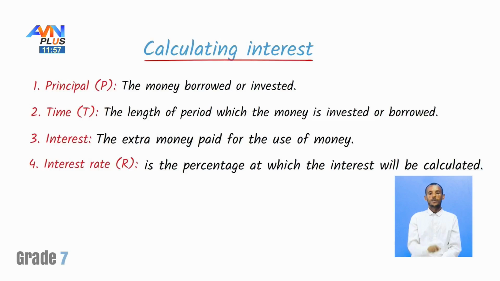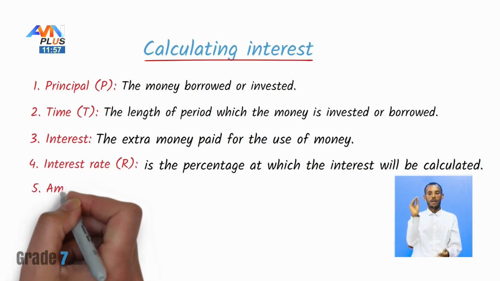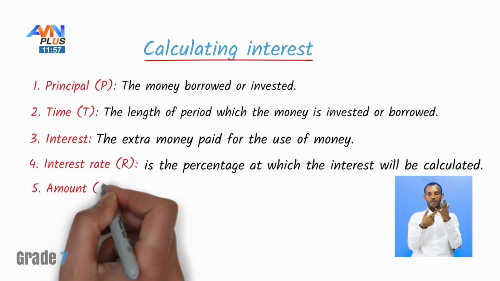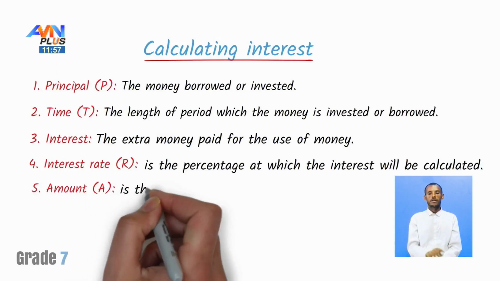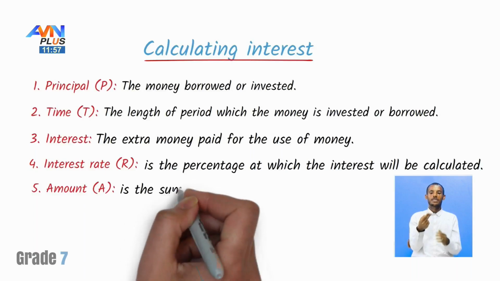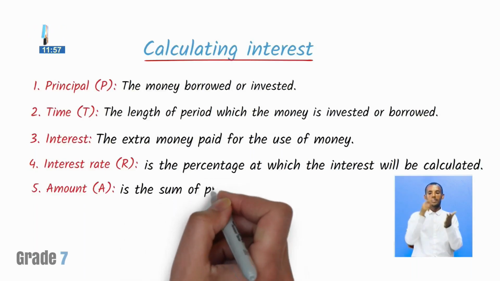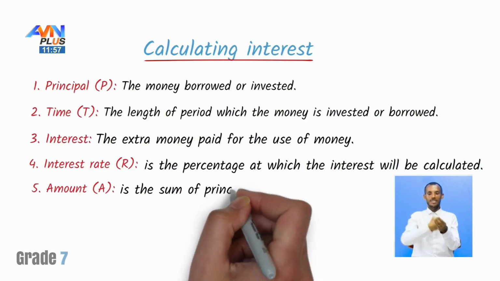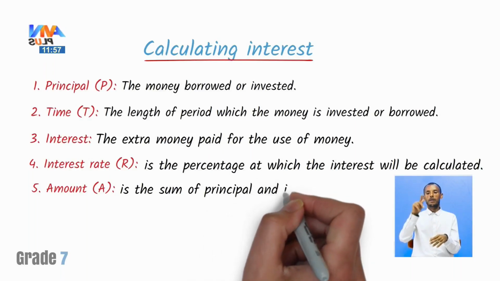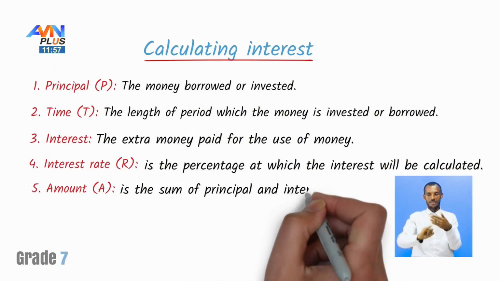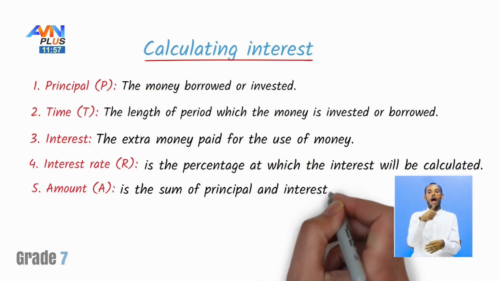And one more terminology is amount. We use capital letter A for amount. It is the sum of the principal, or the money you invested, plus interest together. We call this amount.